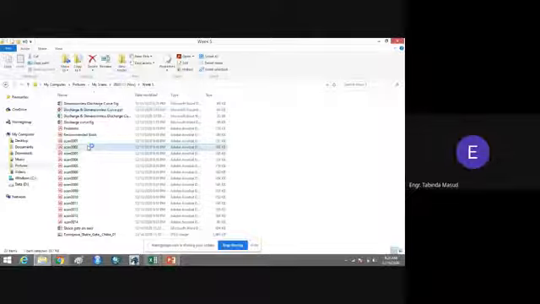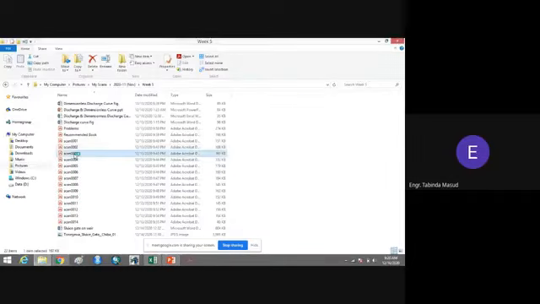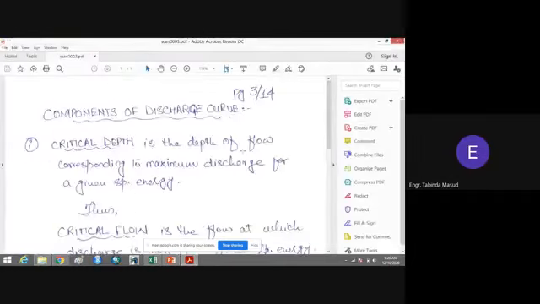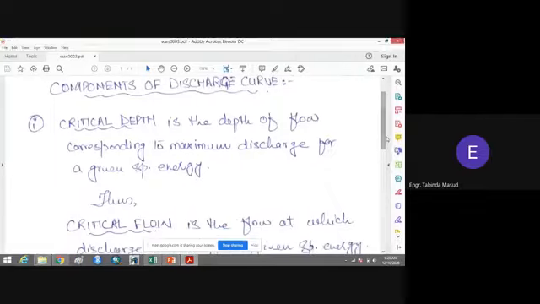So now we can discuss what the components of the discharge curve are. These are the components of the discharge curve. Number one is critical depth. Critical depth is the depth of flow corresponding to maximum discharge for a given specific energy.